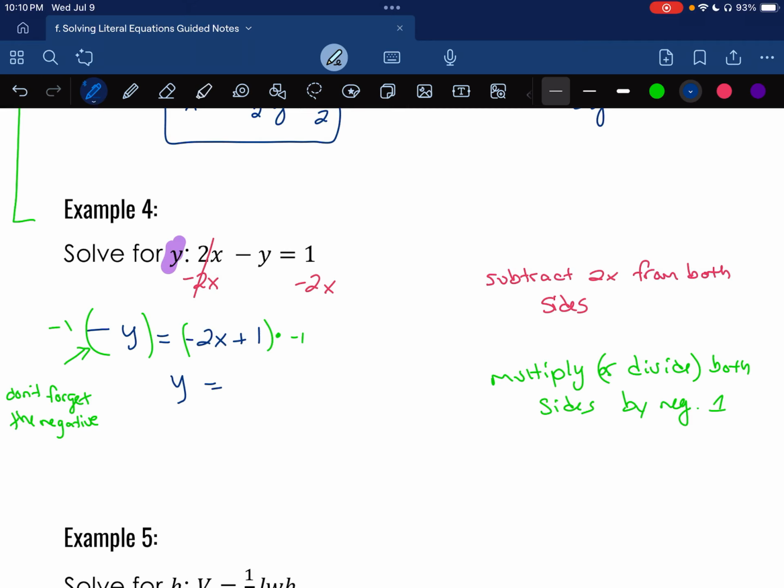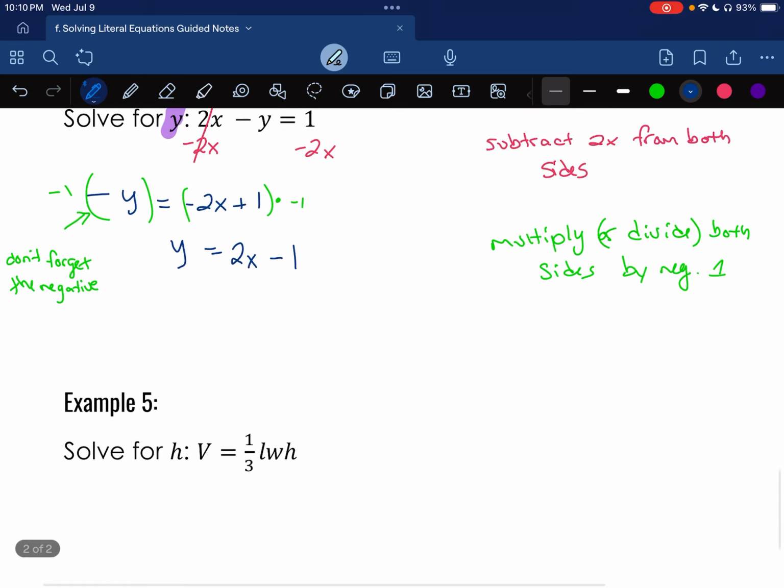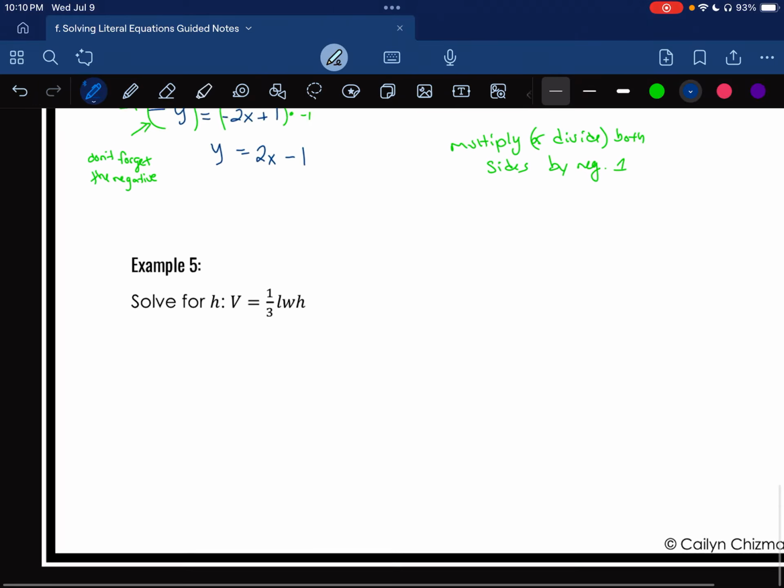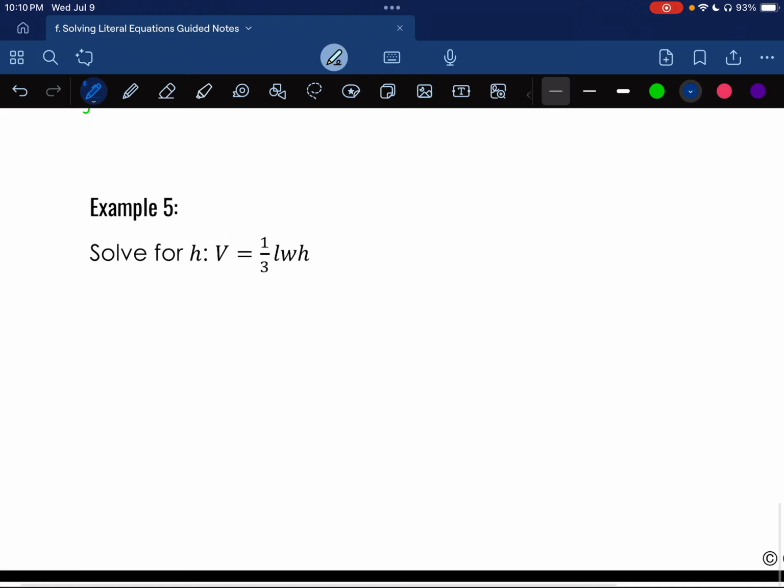Alright, in this very last example here, we are going to solve for h. What we're doing here is trying to get h all on its lonesome. So first thing I'm going to do is get rid of that fraction, because that fraction really kind of freaks people out. Well, but you don't need to. So multiply both sides by 3 to cancel out that dividing by 3, that fraction right there.